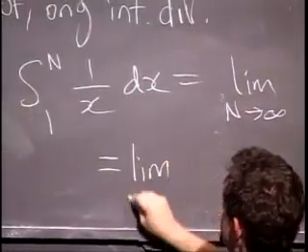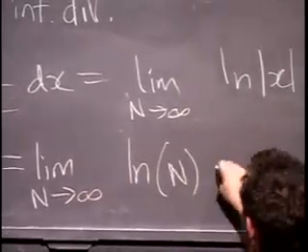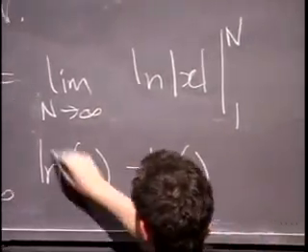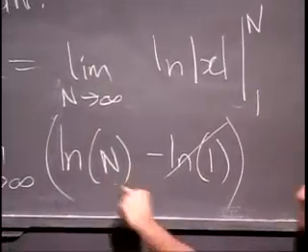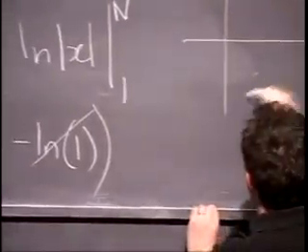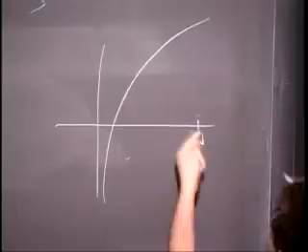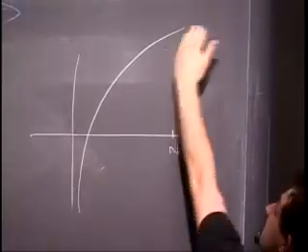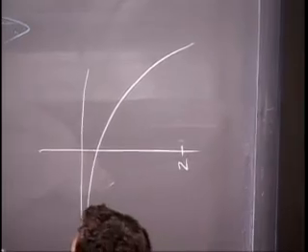So this is the limit as n goes to infinity of log of n minus log of 1. Log of 1 is 0. What happens to log of n as n gets large? Well, if you draw a graph of log again, it does go up to infinity. Here's n. As you shift n right, this does grudgingly, but it just keeps getting higher and higher without bound.